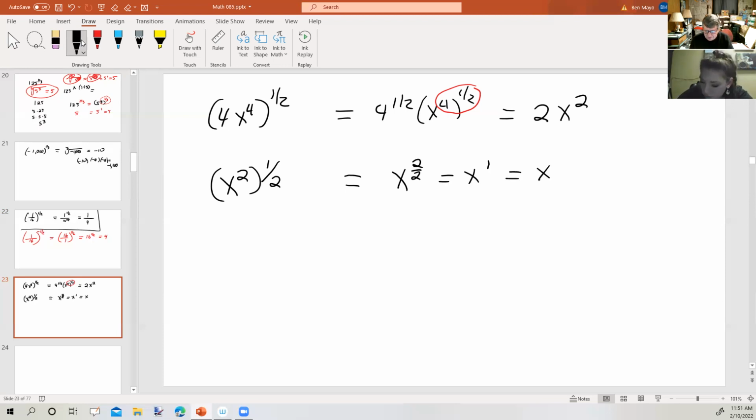So you get x to the 2/2 power, which is x to the 1 power, which is x. But hold on, we're taking an even root, raising it to the 1/2 power. So the answer can't be negative, but they said the variables can be any real number. So in this case, we would have to apply the absolute value to the final answer. Okay.